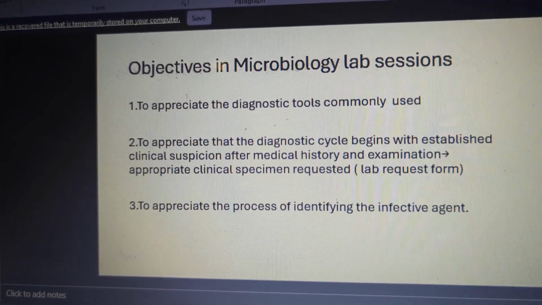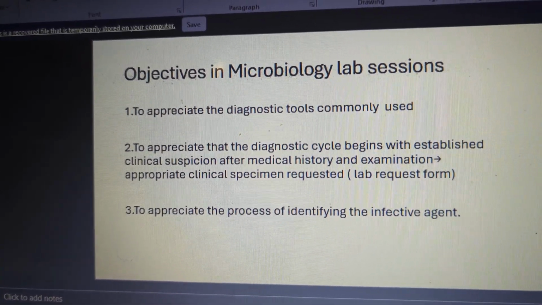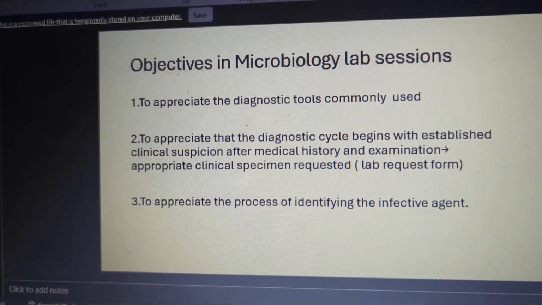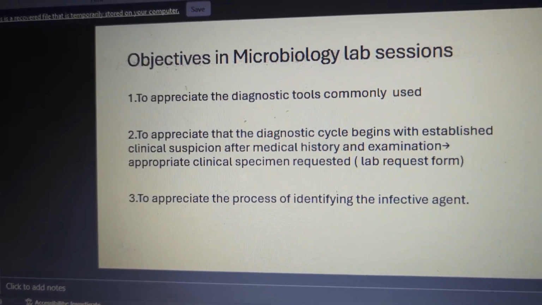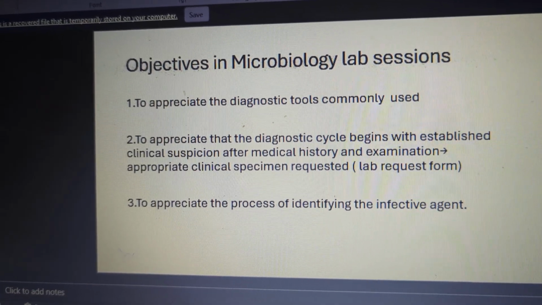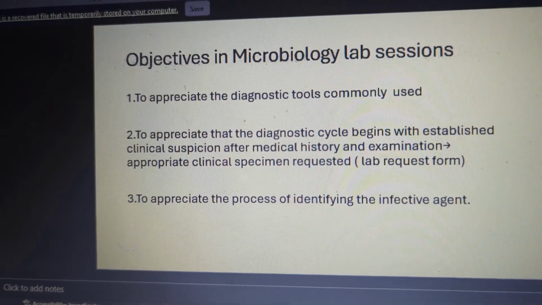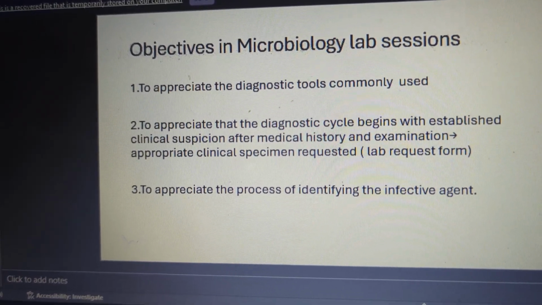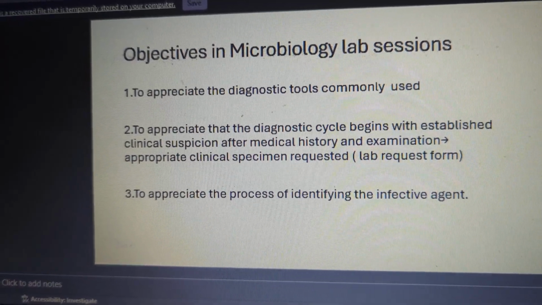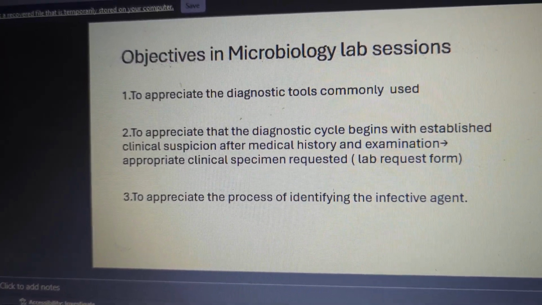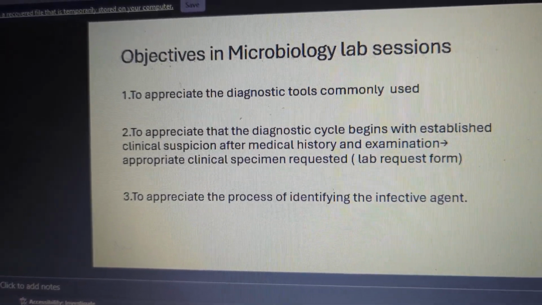So the overall objectives of the microbiology lab sessions are to appreciate the diagnostic tools commonly available or commonly used, to also appreciate that the diagnostic cycle begins with the established clinical suspicion, which comes after medical history and examination, which then dictates the specimen that will be collected and the laboratory investigation that will follow.